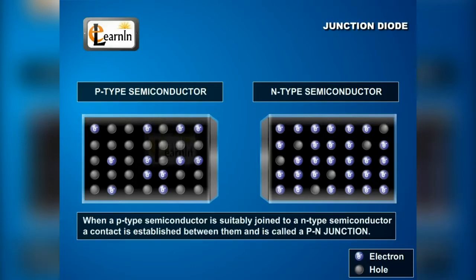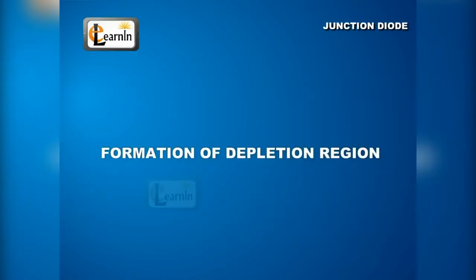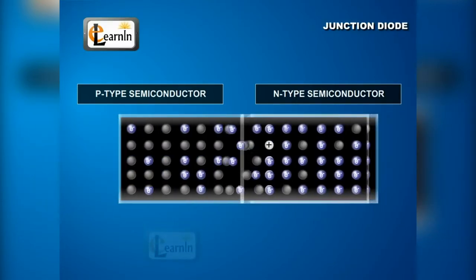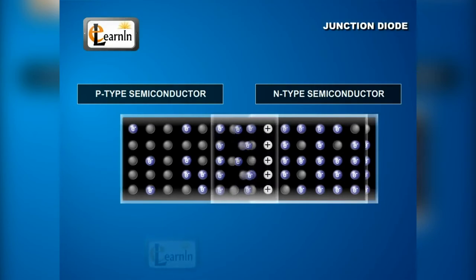When a p-type semiconductor is suitably joined to an n-type semiconductor, a contact is established between them and is called a p-n junction. Formation of depletion region. The p-n junction formed out of the p-type and n-type semiconductor separates p-type semiconductors from the n-type semiconductors. However, because of the contact, some of the electrons from the n side enter the p side.